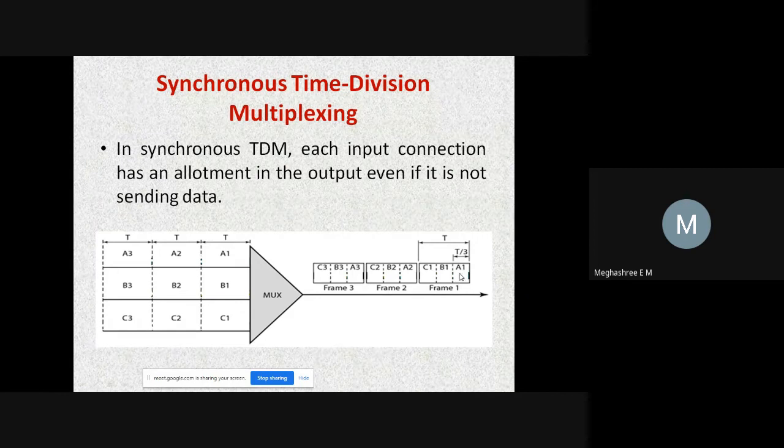So to remember, whatever the input unit present here, maybe A1 to C3, each input unit becomes, you can see here, one output unit, and occupies one output time slot.